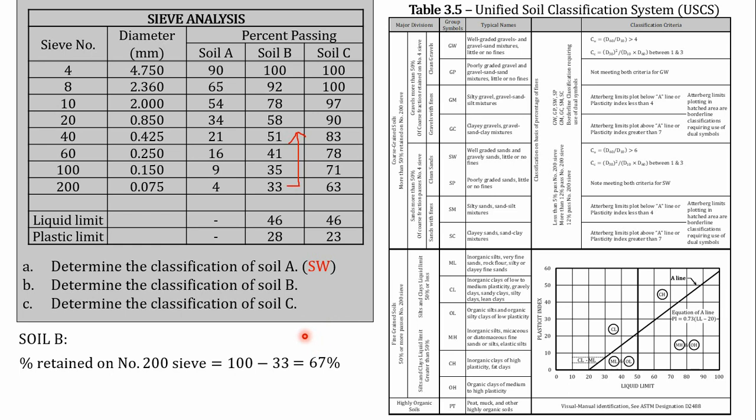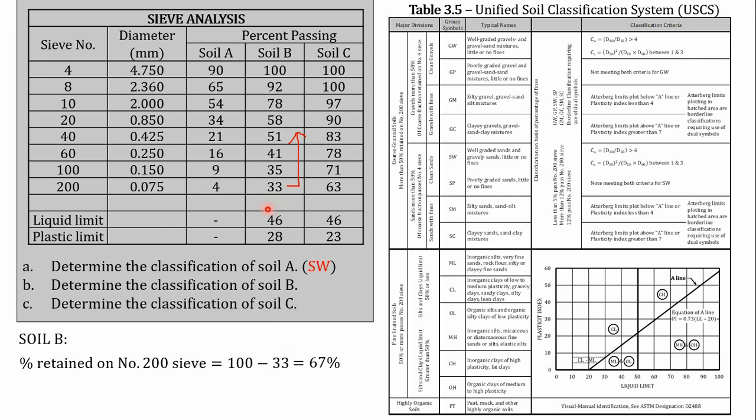By the way, our soil B in our graph has no diameter of 10% and no diameter of 30% passing finer.